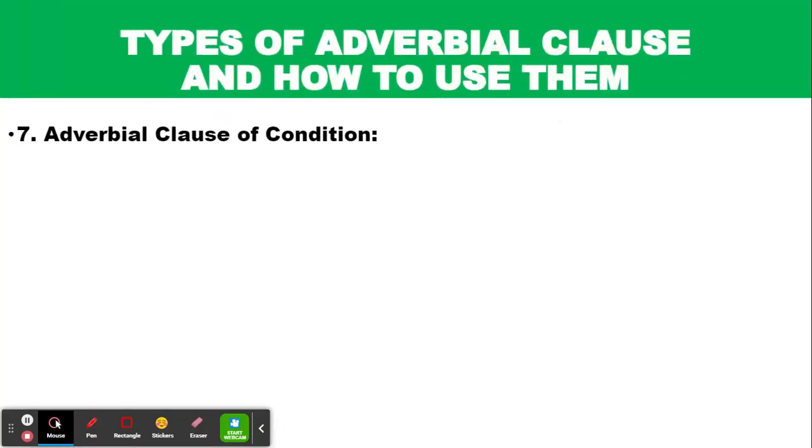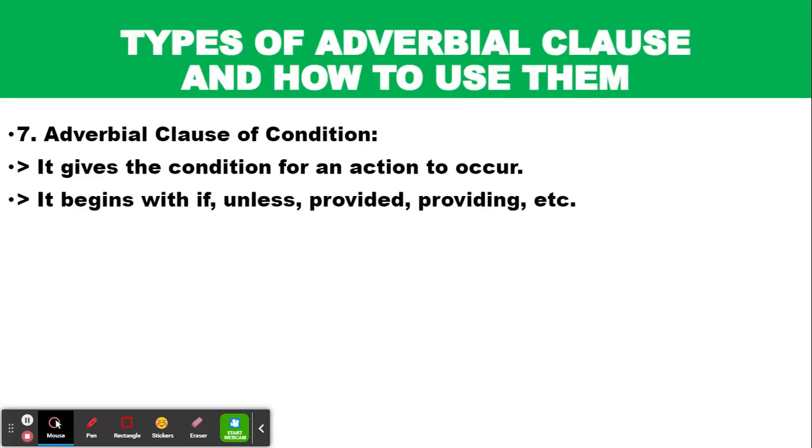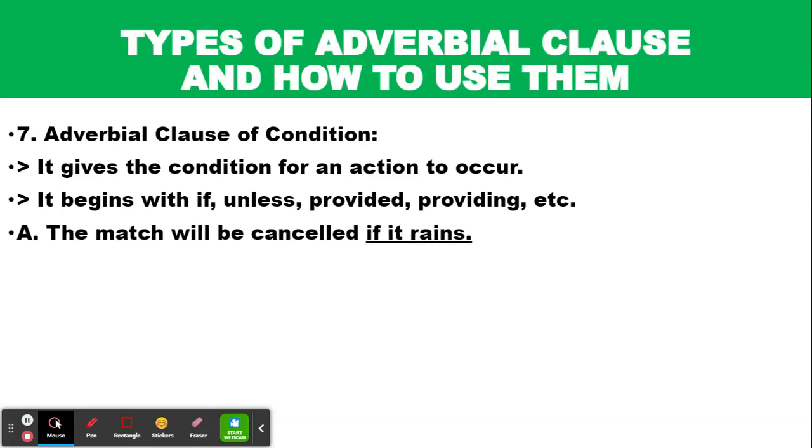That brings us to number 7, adverbial clause of condition. It gives the condition for an action to occur, and it begins with if, unless, provided, providing, etc. For example, the match will be cancelled if it rains.